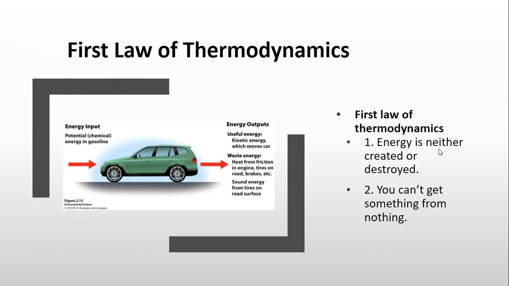Now, remember, we have that range and only a small amount is transferred because of our laws of thermodynamics. The first law we need to know is that energy is neither created nor destroyed. You can't get something from nothing.